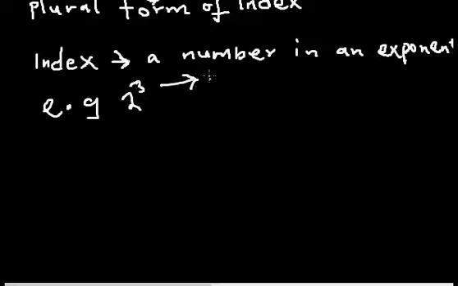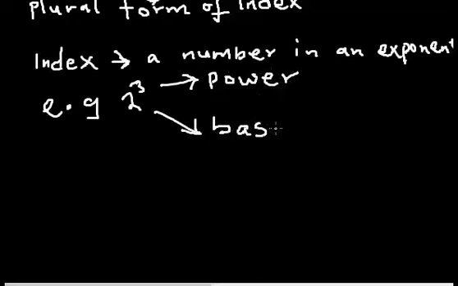The 3 here is the power of the index, while the 2 is the base. The power is also called the exponent. So 3 is the exponent of 2, and 2 is the base. Please note that 2 raised to the power 3 is not 2 times 3, but rather 2 times 2 times 2.